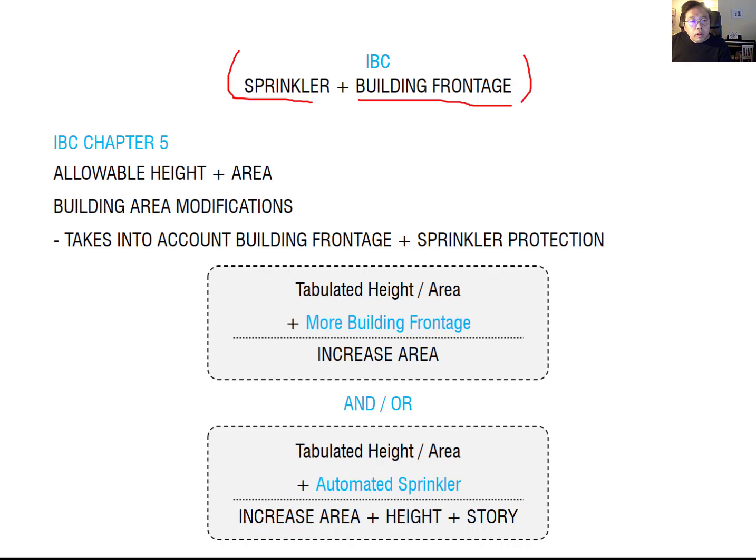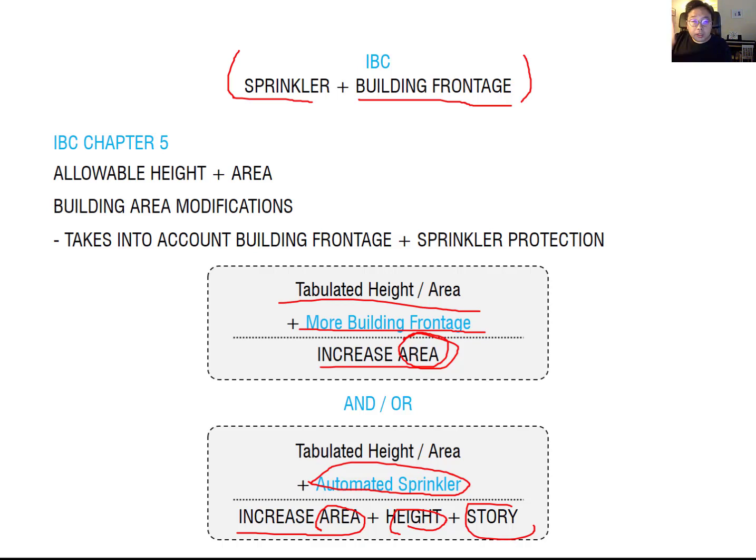When you have more building frontage, you can increase the area. But when you have automatic sprinkler system, you can increase the area and height and story altogether. So even when you just increase the building frontage, it doesn't affect the building height and building story. It only affects the building area.